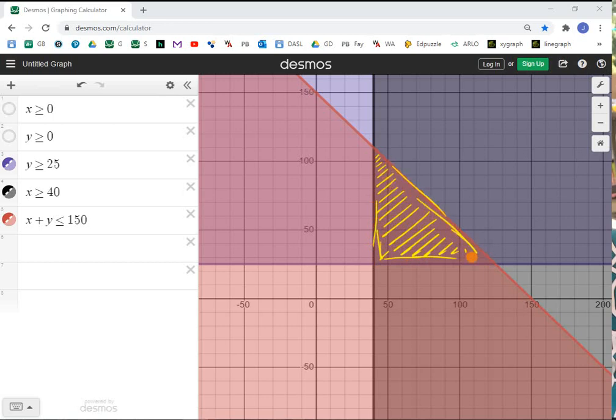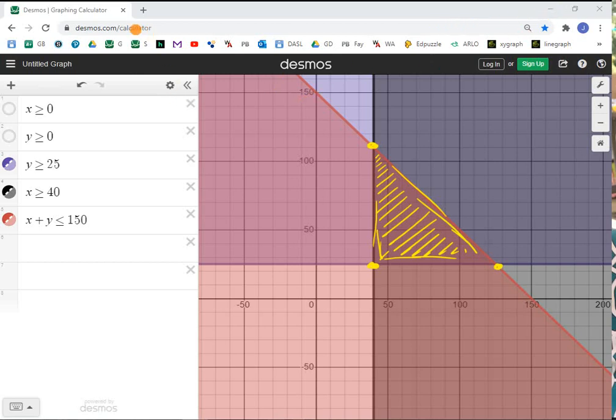Okay, every point in that yellow region will satisfy all 5 of those conditions right there. Okay, but only that one, and that one will either make my objective function as large as possible or as small as possible. Okay, so now we just got to figure out which one it is.